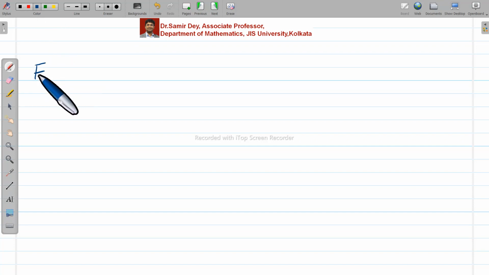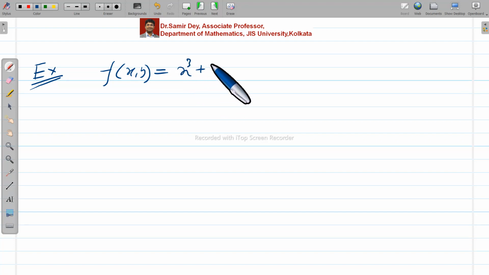Example. Please write down the example. Here we have considered f(x,y) equals x cube plus y cube. Now try to understand with some example. If I write like this, it will be better for you.